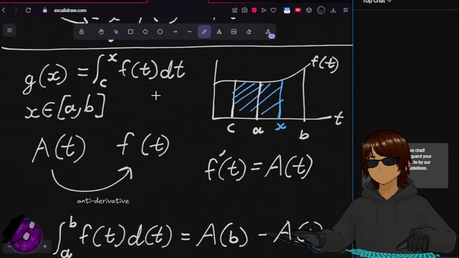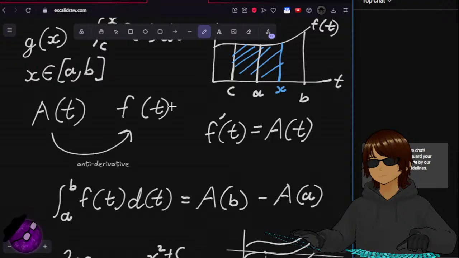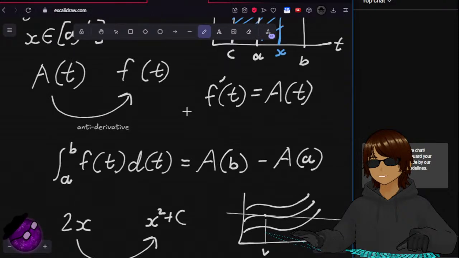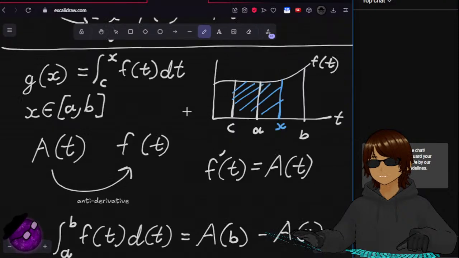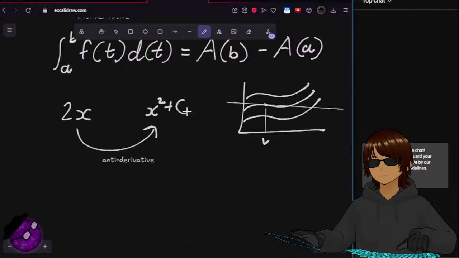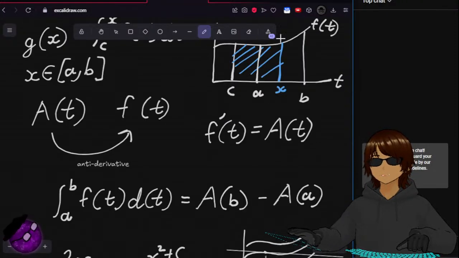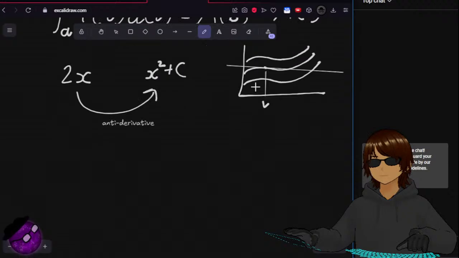So what I was saying is, going back to this, we know that this area in between is basically g of b minus g of a.